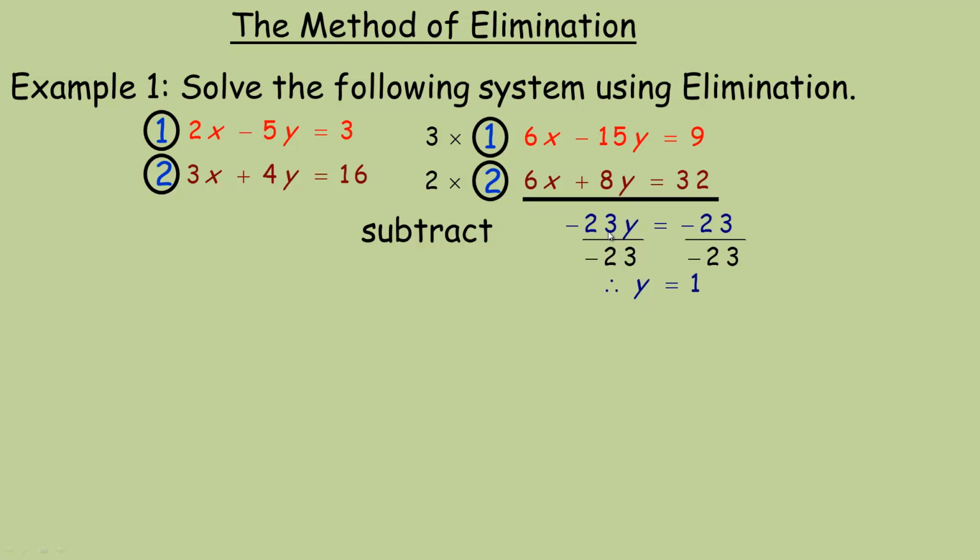Now that I have y is 1, we're going to substitute 1 here or here, and it doesn't matter which equation you use. So I'm going to use the first one here, the 2x minus 5y equals 3. So we're going to put 1 right here. And so 5 times 1 is 5, so this is a minus 5 after the 2x. Now I'm trying to find x, so I want to isolate the 2x term.